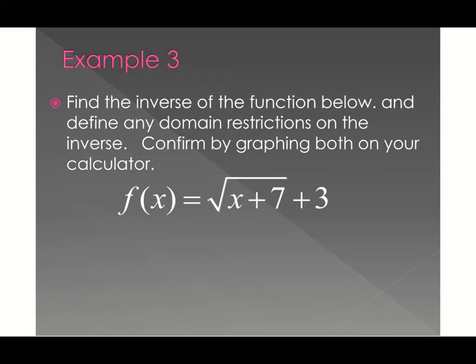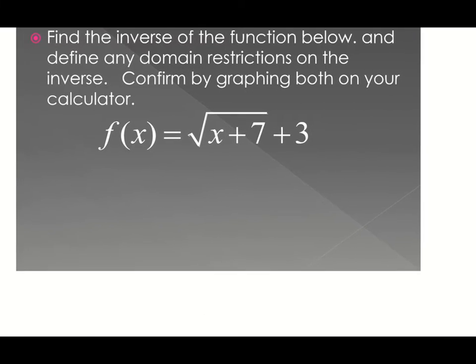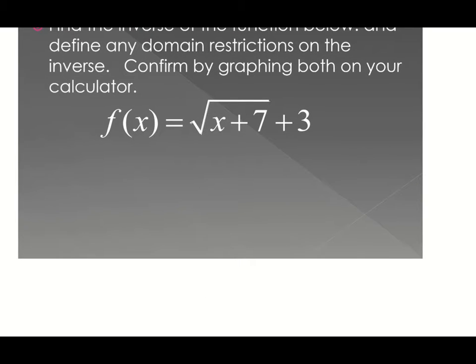So we're going to start by taking the equation and writing its inverse. So we have f of x equals square root of x plus 7 plus 3. So right now I have y is equal to the square root of x plus 7 plus 3.